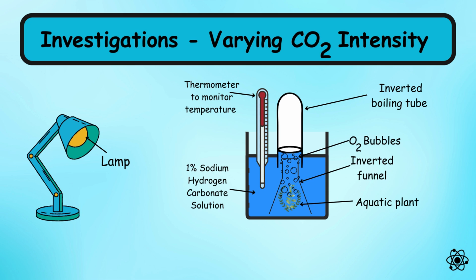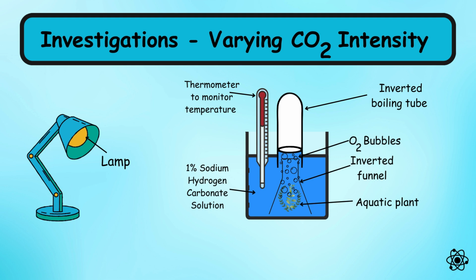Next, let's investigate the effect of changing carbon dioxide concentration on the rate of photosynthesis. The experiment is set up similar to the previous one, where a photosynthesizing aquatic plant is placed in a beaker filled with sodium hydrogen carbonate solution. An inverted funnel is placed on the plant and an inverted boiling tube is placed on the end of the funnel.